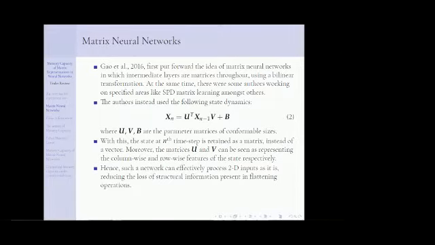Such a network can therefore effectively process 2D inputs, reducing the loss of structure information present in the flattening operation. So you don't need to flatten your two-dimensional inputs. You can process them as they are throughout the layers.